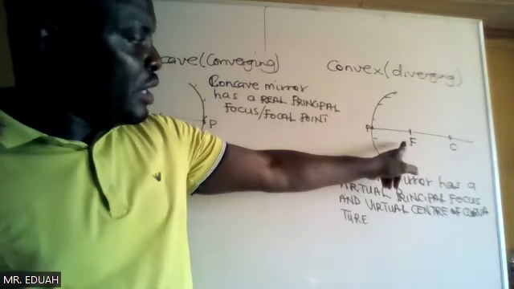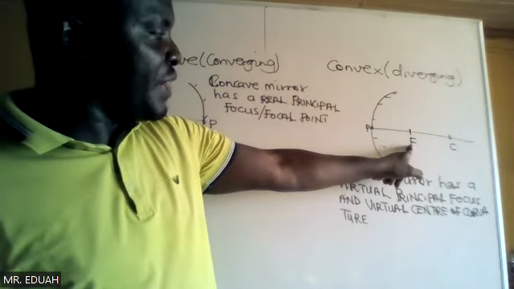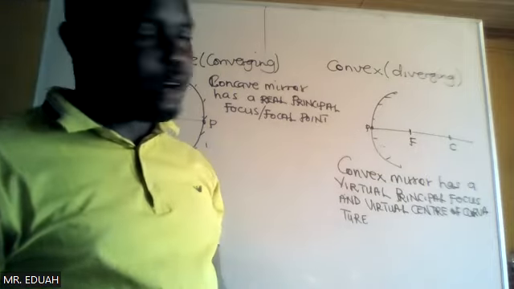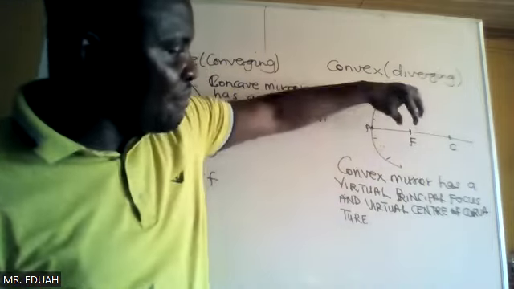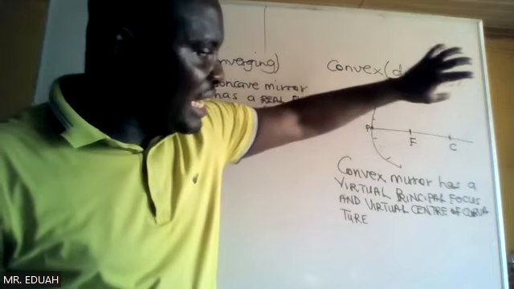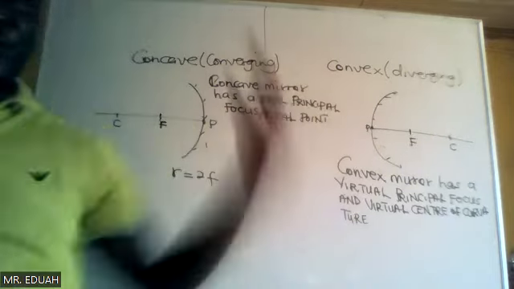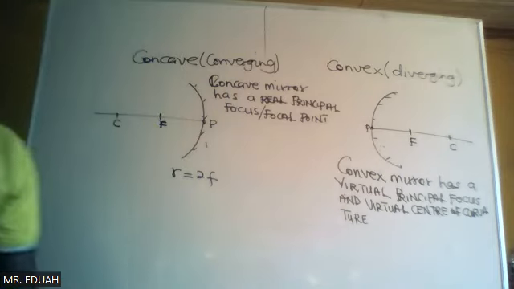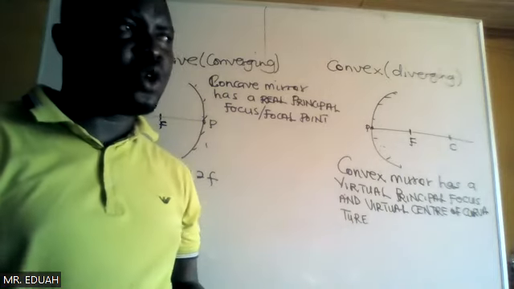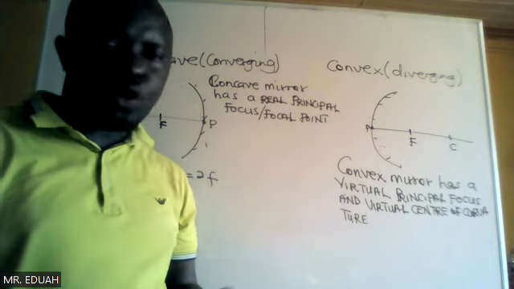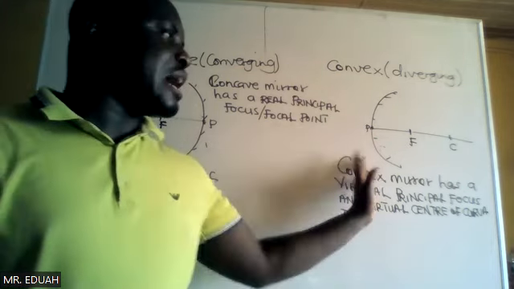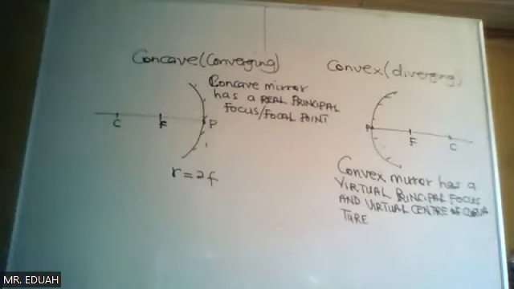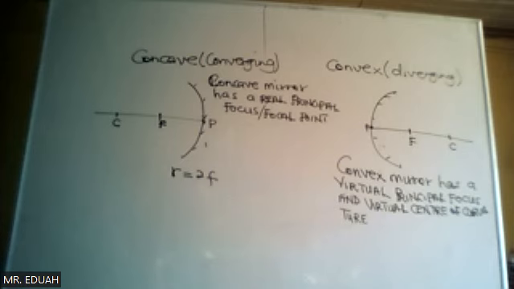So if you look at the principal focus of convex, it is behind the mirror. Center of curvature is behind the mirror, and that makes F and then C virtual. So focal length will also be virtual. So would be the radius of curvature, because they are all behind the mirror. Any question? Yaba, ask me a question. Yaba, are you there?